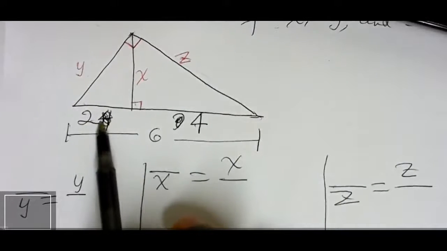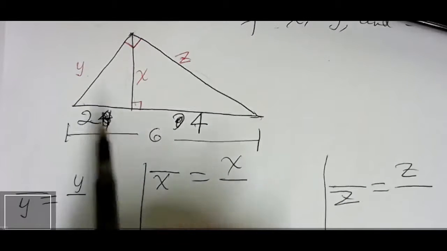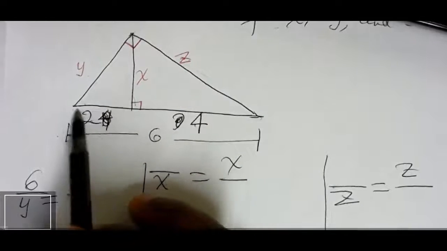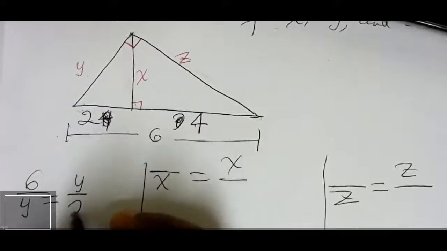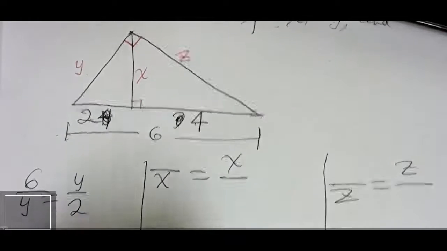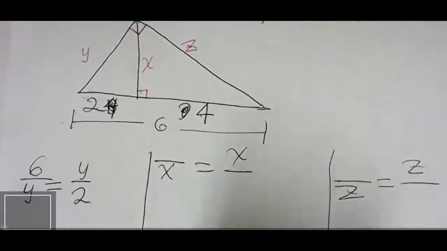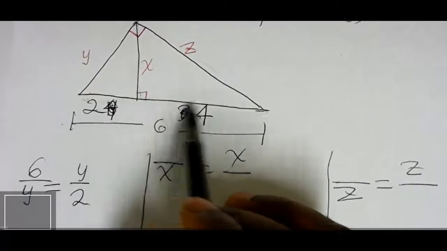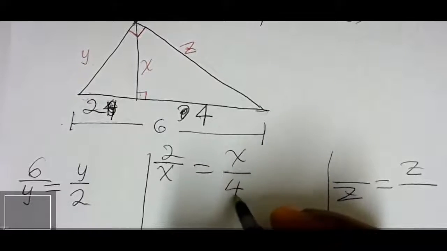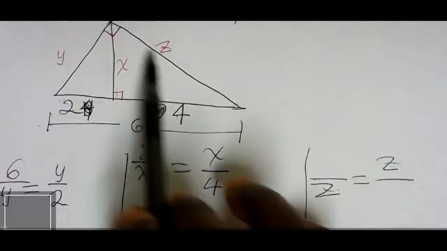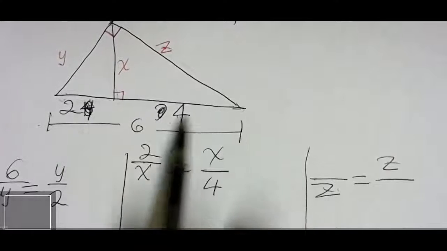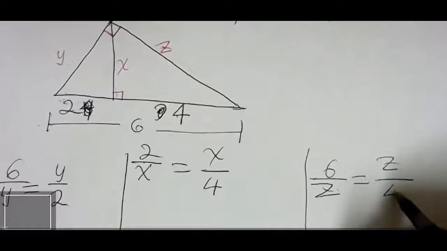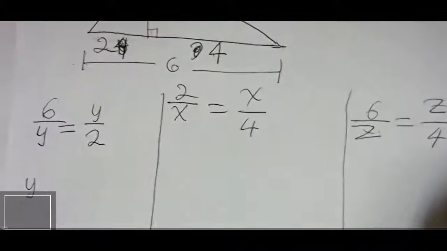So it's the square root of the hypotenuse, which is 6, and the part of the hypotenuse that is adjacent to y, which is 2. And x is the altitude, so it's going to be the 2 parts of the hypotenuse, which is 2 and 4. And for z, it's going to be one of the legs, so it's going to be the hypotenuse, which is 6, and the part of the hypotenuse that is adjacent to that, which is 4.